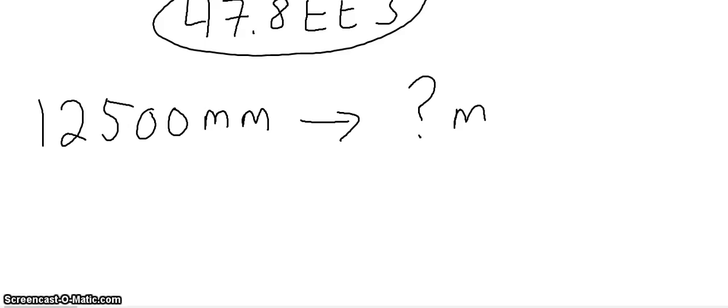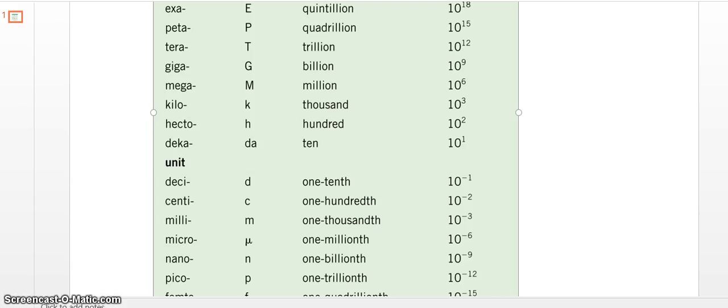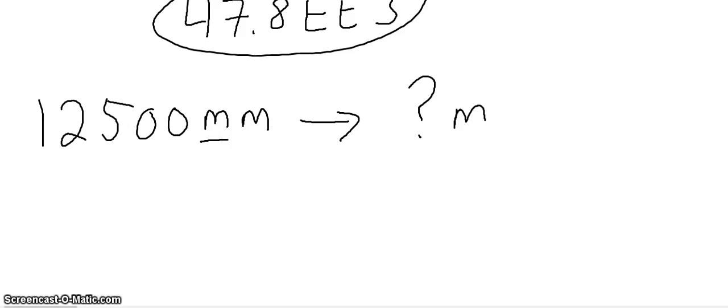So what I'm going to do is simply replace this little m. If it was a kilo, if it was micro, any of these, I can just replace it by what it is on our metric prefix table here. Since milli literally means times 10 to the minus third, I'm going to simply replace that.